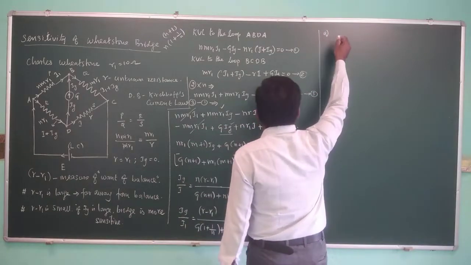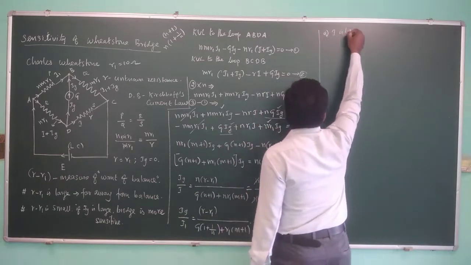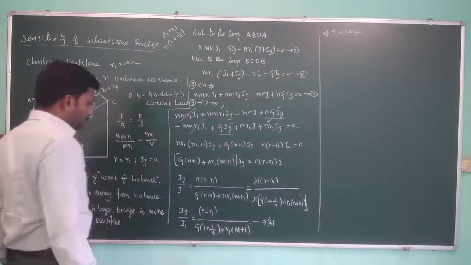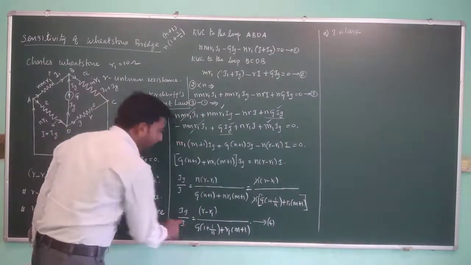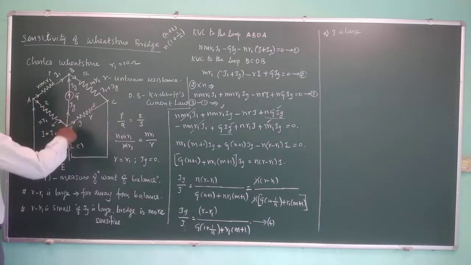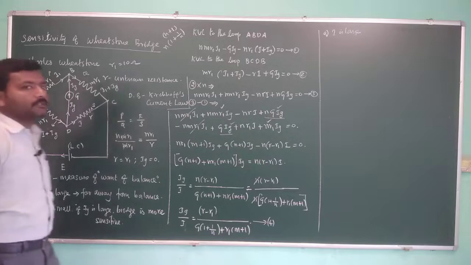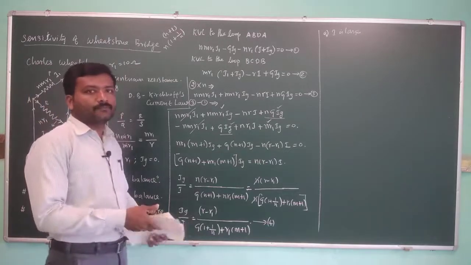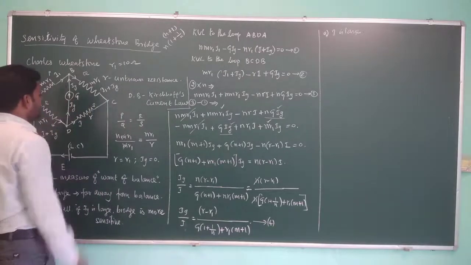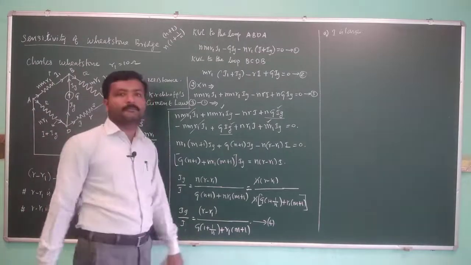One, when I is large, right? Not I1, if I is large, that is the current flowing through the unknown resistance is large, then obviously this also will be large according to this equation.